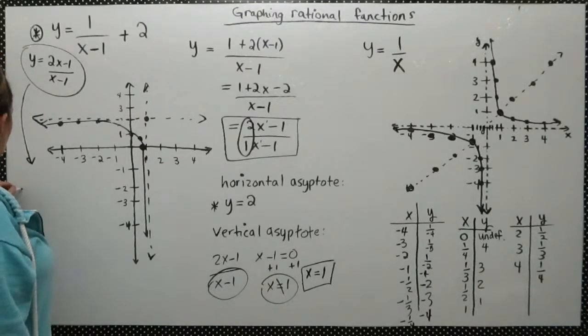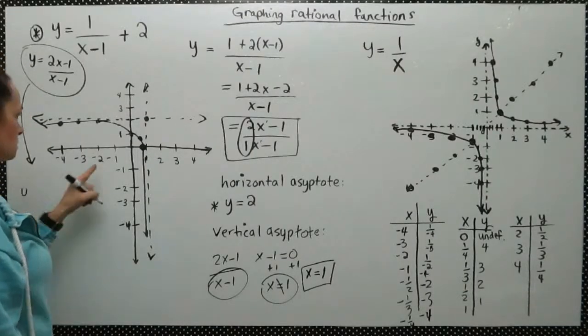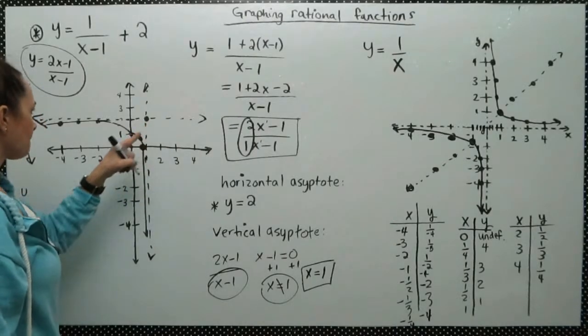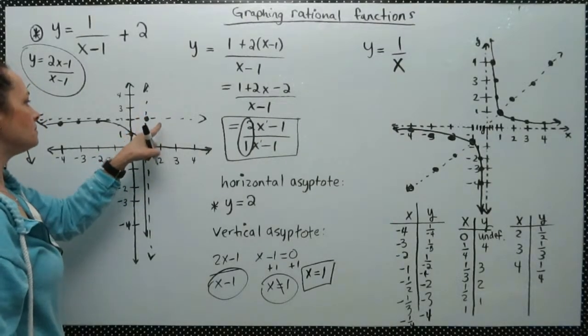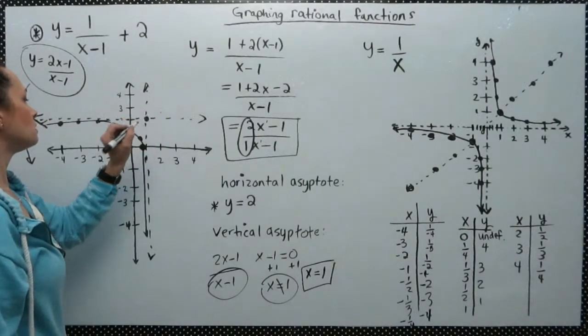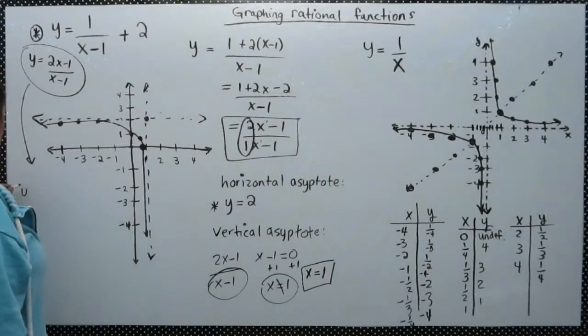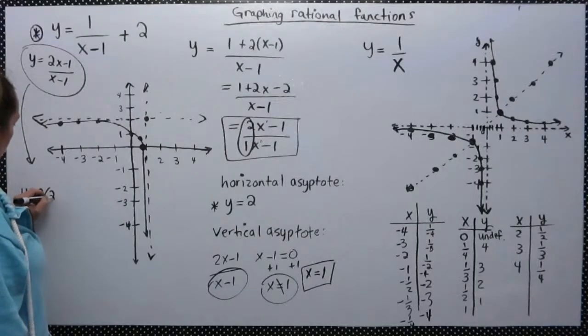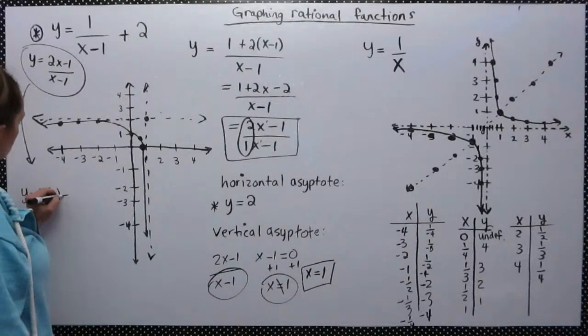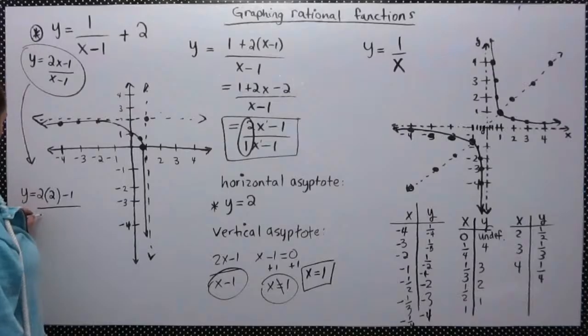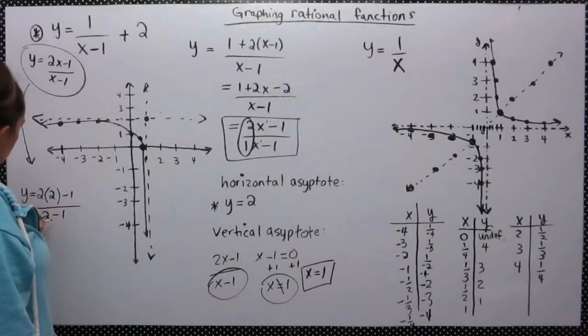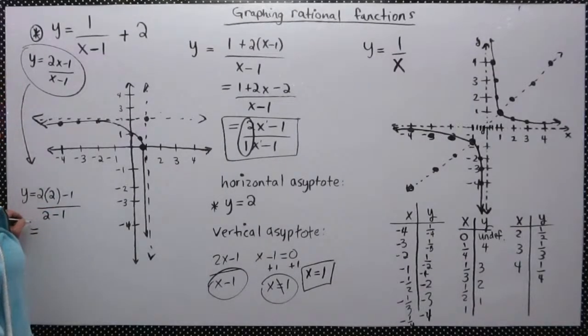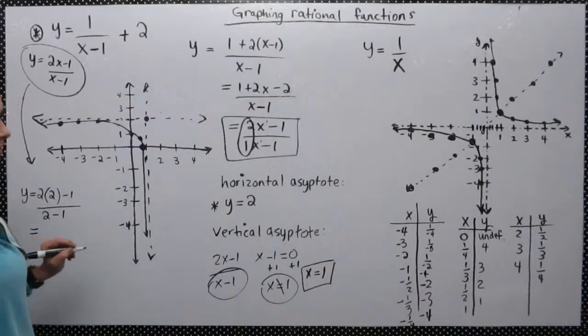If I want to see when x is 2, I'm anticipating it being over here somewhere. But I would just say y equals 2 times 2 minus 1 over 2 minus 1, and then evaluate that to find out what my function is doing.